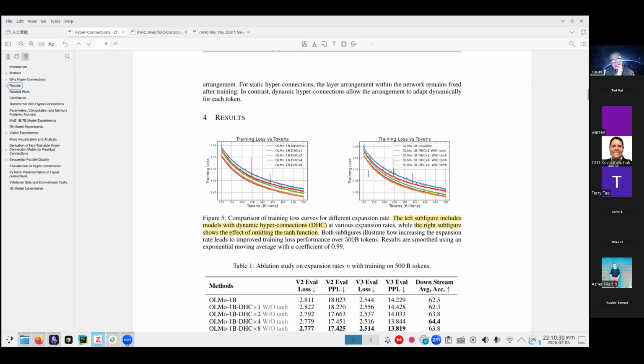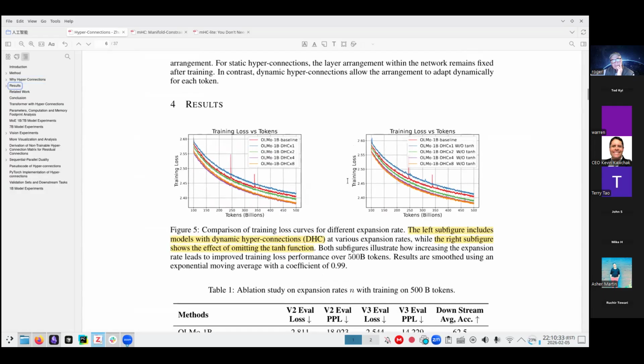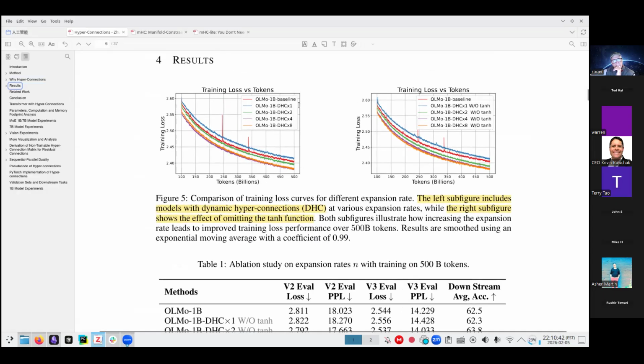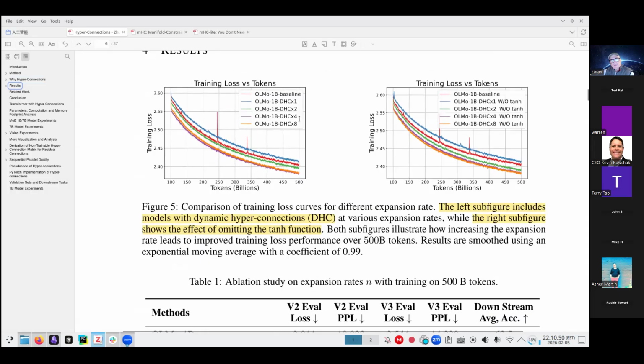Okay, the results. They run the experiments on different numbers of residual streams, ranging from 1 to 8. This shows that 4 and 8 seem better than others, but noticeably the one residual stream alternative is worse than the baseline.